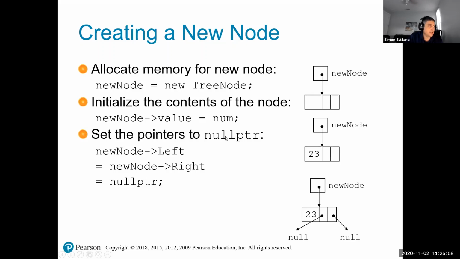And then we need to set the left and right pointers. Notice this command here would set our left and right pointers equal to null pointers. So here in this example, we are assigning 23 to the value, and then we're assigning the left and right pointers to null.